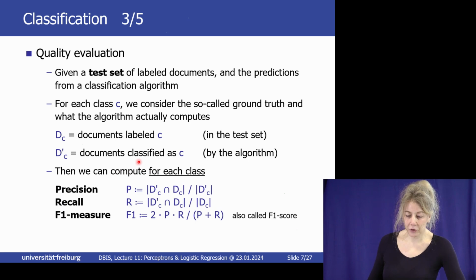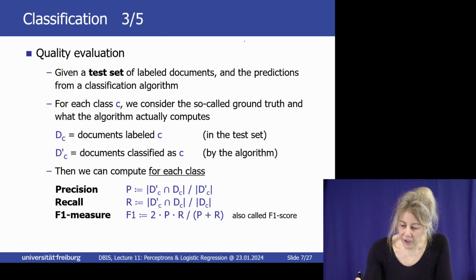Then you can compute for each class the following: the precision, and let me briefly explain this. For a particular class, for example here, this is horror. This is all movies which are actually horror movies, and this is what your algorithm says are horror movies.